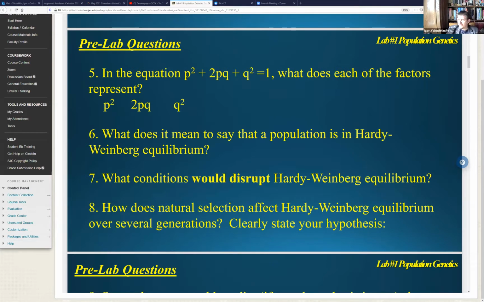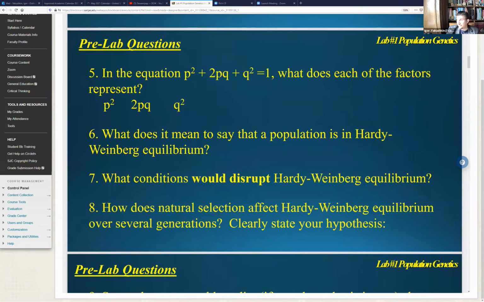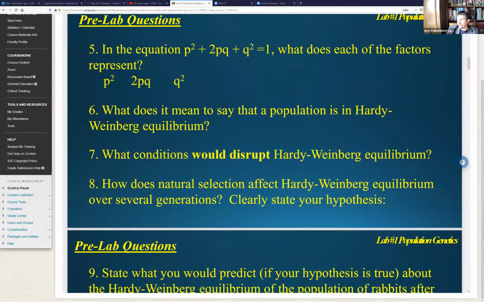If I remember correctly, your book gives 7. The lab gives 5. It doesn't really matter. I will say some lower number, 3 or 4 conditions. So which conditions will disturb the equilibrium?